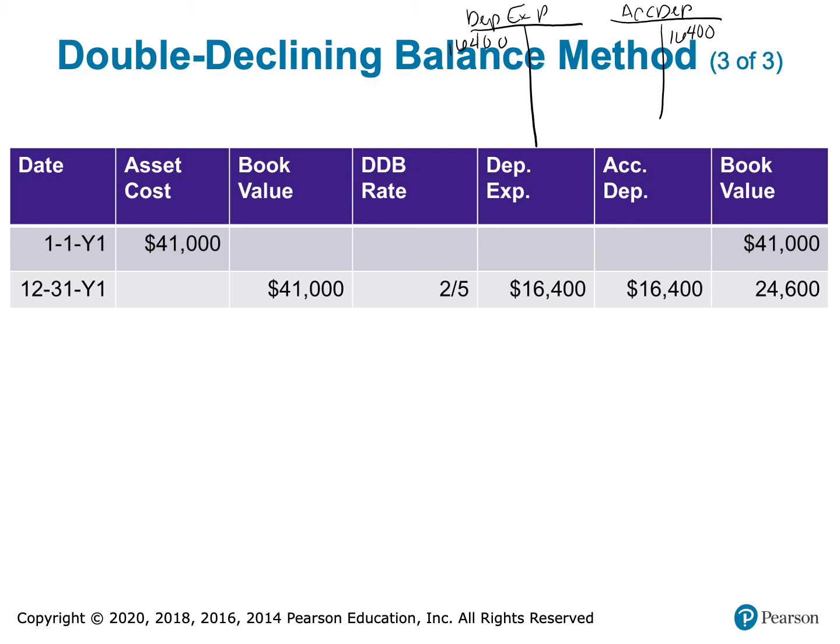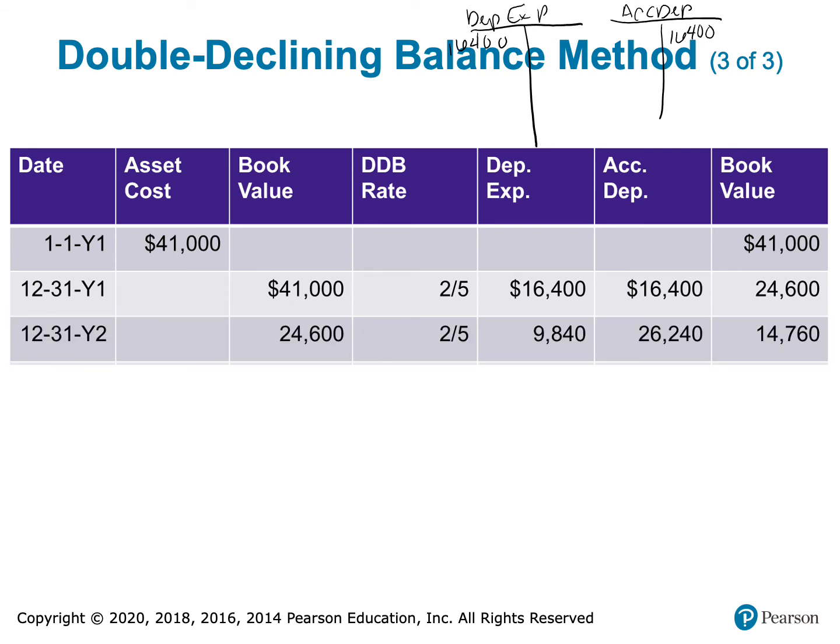So then on my year 1 balance sheet, I'm going to show truck at 41. I'm going to subtract accumulated depreciation of 16,400, and that gives me a new book value of 24,600. So for year 2, I calculate the depreciation by saying 24,600, last year's book value, multiplied by 2/5, and that gives me 9,840.